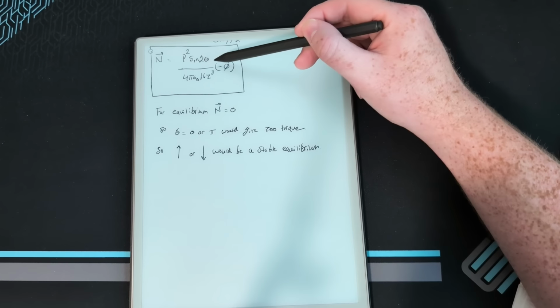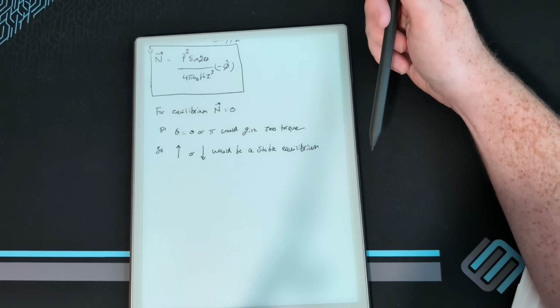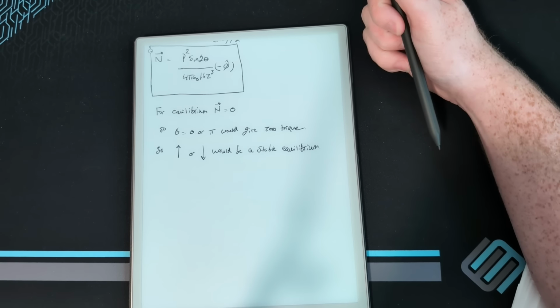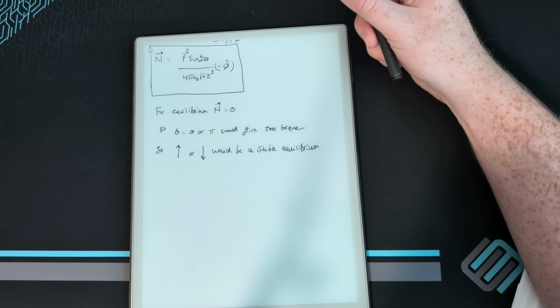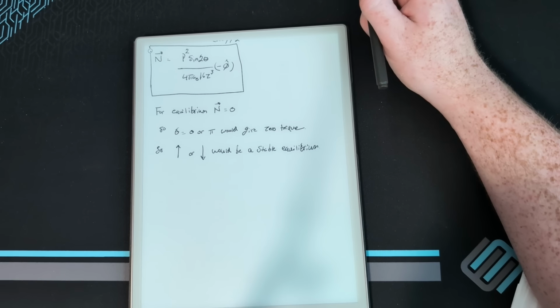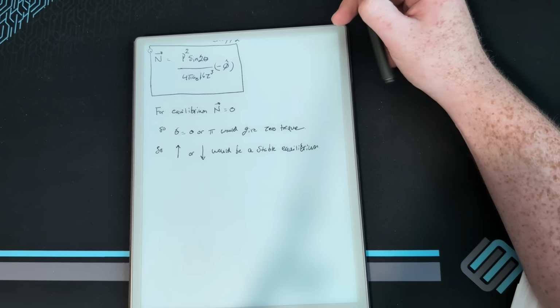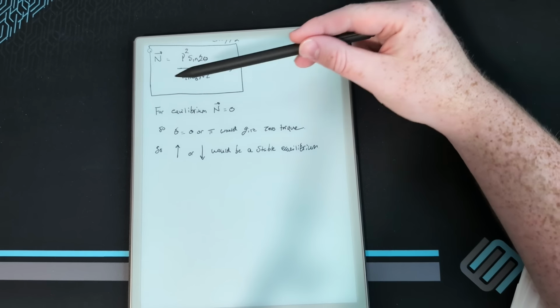Our only variable here is theta. So the torque is going to be 0 when theta is 0, pi over 2, or pi. Any multiple of pi essentially gives us 0 for sine, which would then give us 0 for the torque.